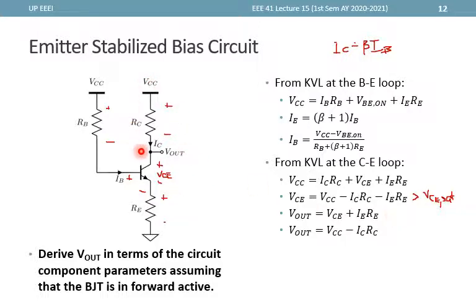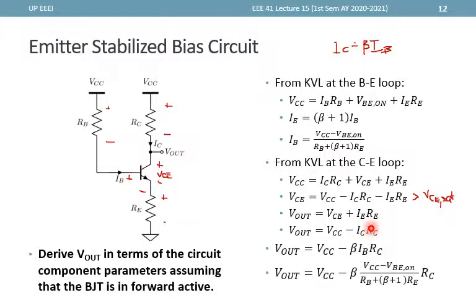Or we can actually also use this other side, since the voltage drop here, ICRC, must be equal to VCC minus Vout, and therefore Vout must be equal to VCC minus the voltage dropped here, which is ICRC. So if we start from this point, Vout is equal to VCC minus beta IBRC.